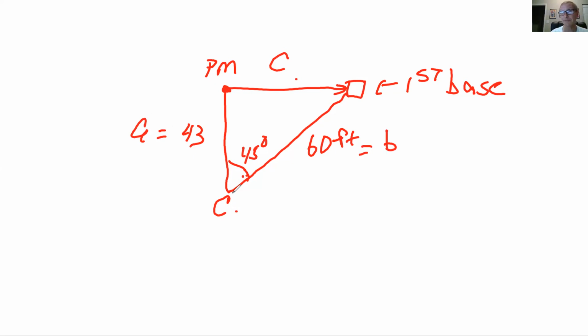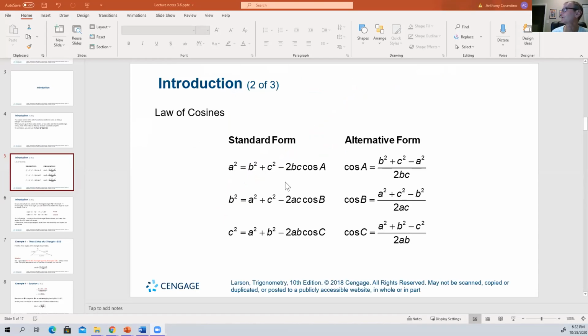And now what do we have? Well, we have an angle and the two sides that are adjacent to that angle. So it's laws of cosines. So again, if you remember, I will show you this formula one more time. So here's the bottom one that we're going to end up using. And so let me just write that out for you.